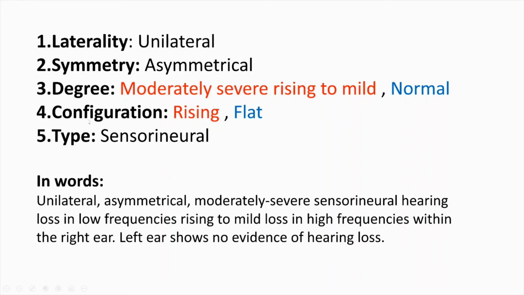Our type is sensorineural. So to put that into words, it's a unilateral, asymmetrical, moderately severe sensorineural hearing loss in low frequencies, rising to mild loss in high frequencies within the right ear. Left ear shows no evidence of hearing loss.